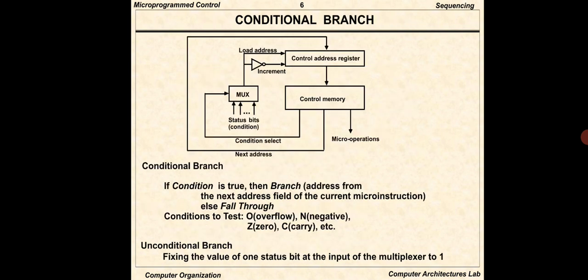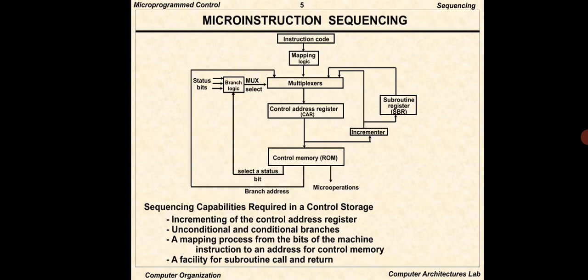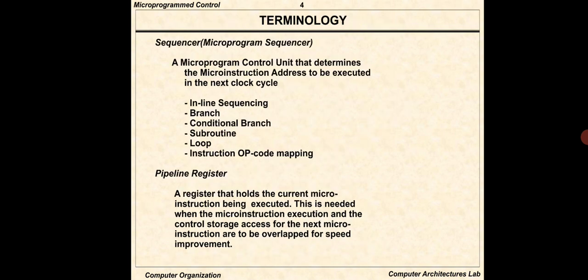Apart from this, you need to also draw this conditional branch block diagram and explain it. It is very simple. If you remember this block diagram, automatically you can explain it by using the arrow marks, showing where the data is entering and where it is being executed.